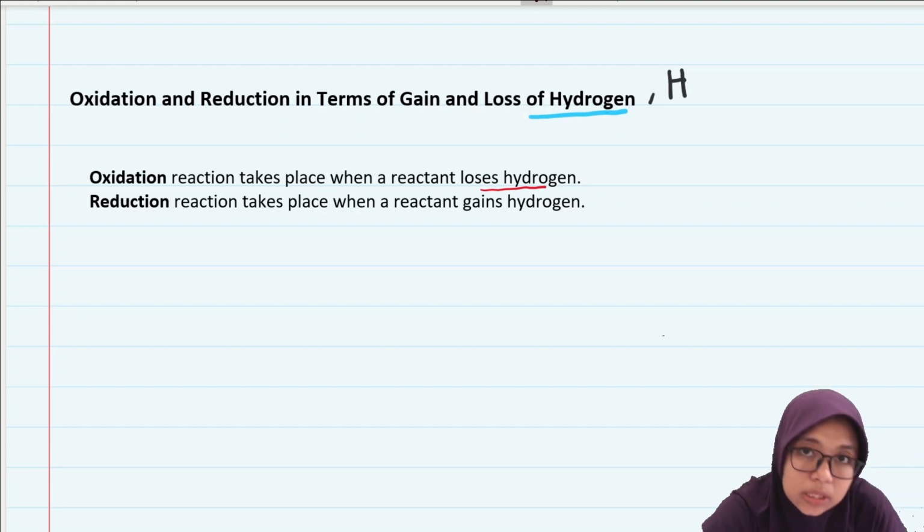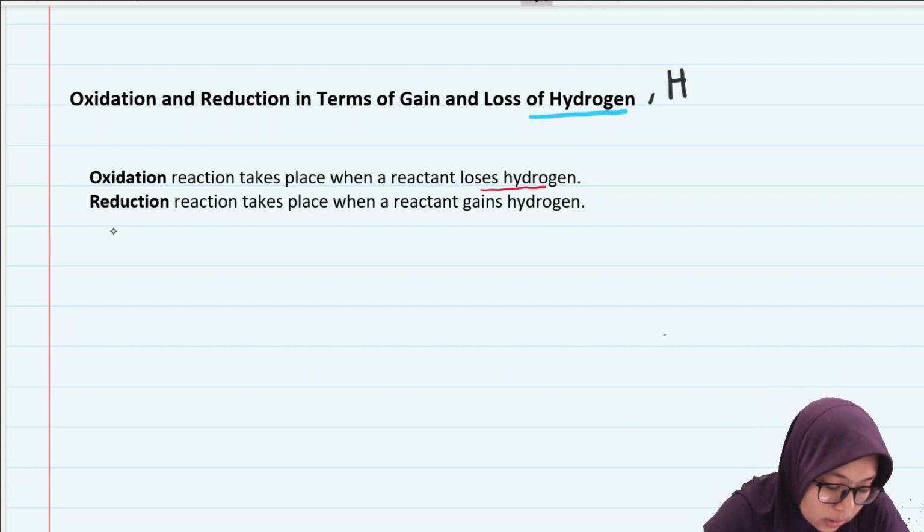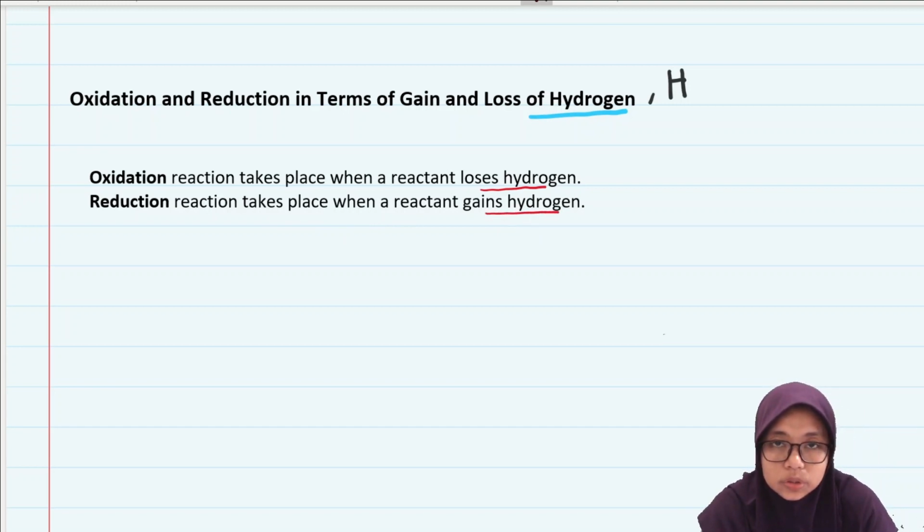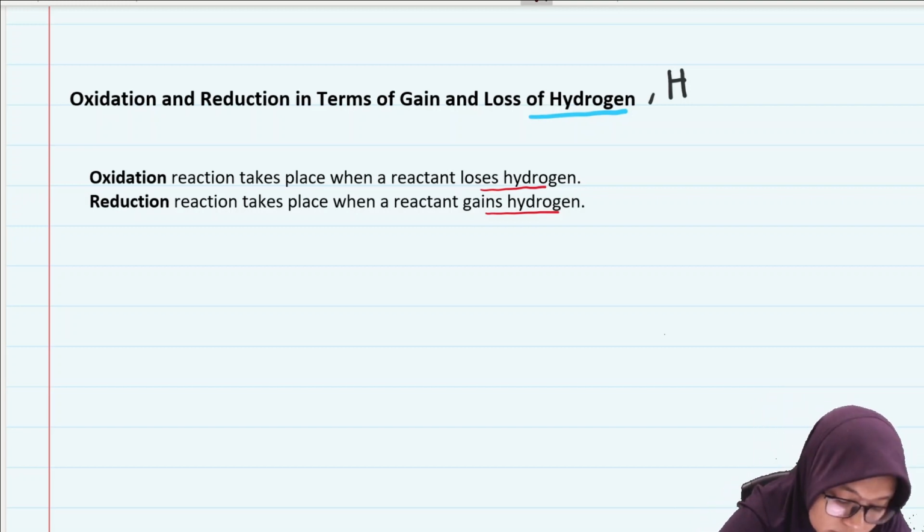A reduction reaction will take place when a reactant gains hydrogen. So tadi oksigen lain. Ni hydrogen dia terbalik. It's being reversed.